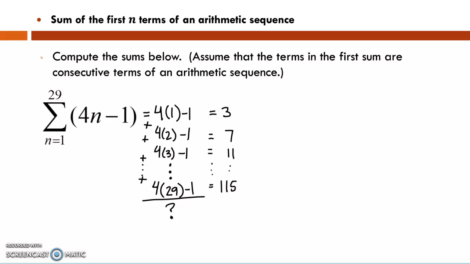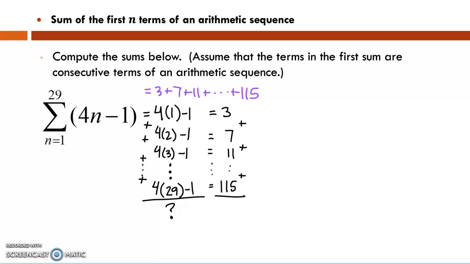And what are we doing with these? We are adding them up. We can also write this horizontally as this equals 3 plus 7 plus 11 plus we're going to keep going until we get to 115, and then we're going to stop.